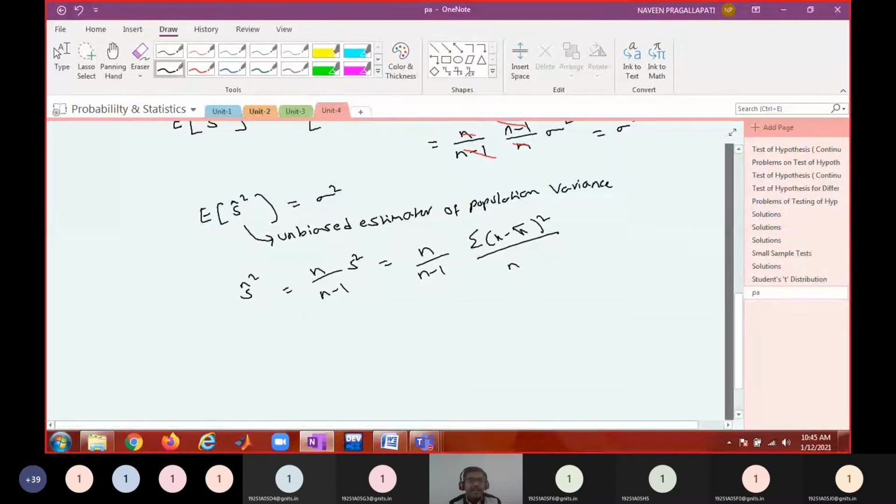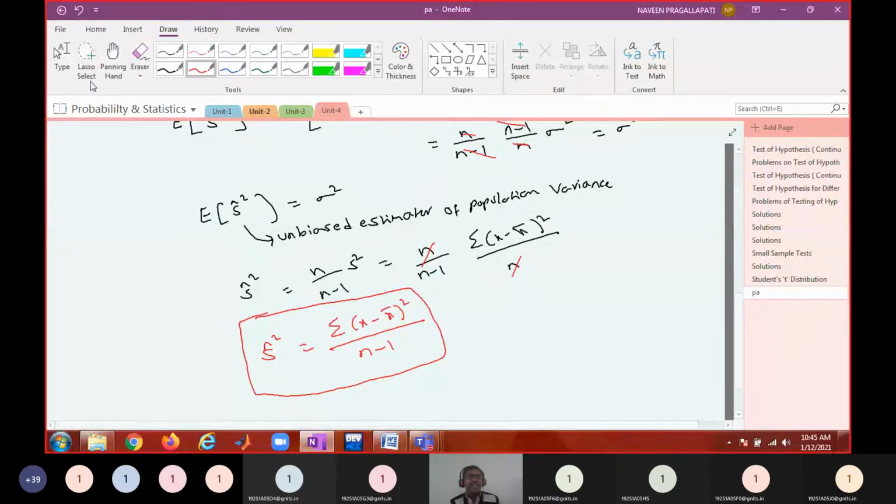When you cancel these two, what is remaining? S cap square is the summation of x minus x bar whole square by n minus 1. So it is similar to the sample variance formula. The only thing is, instead of dividing by n, you have to divide by n minus 1. Is this clear to all of you?